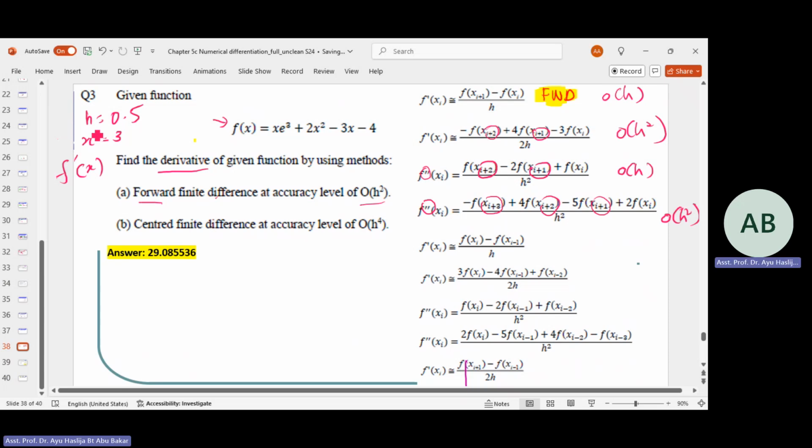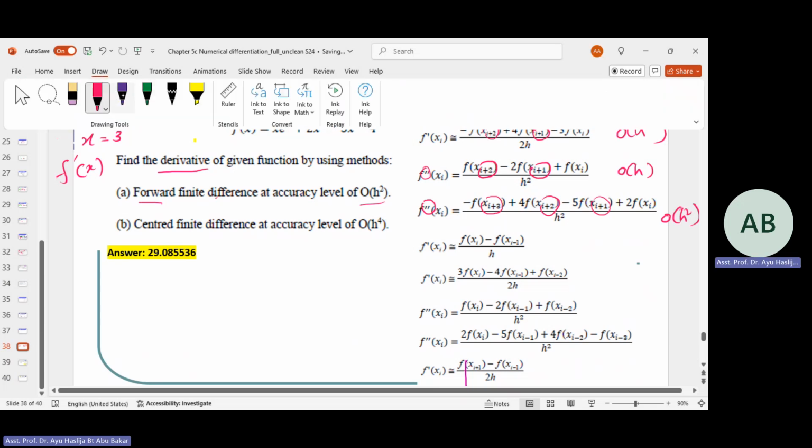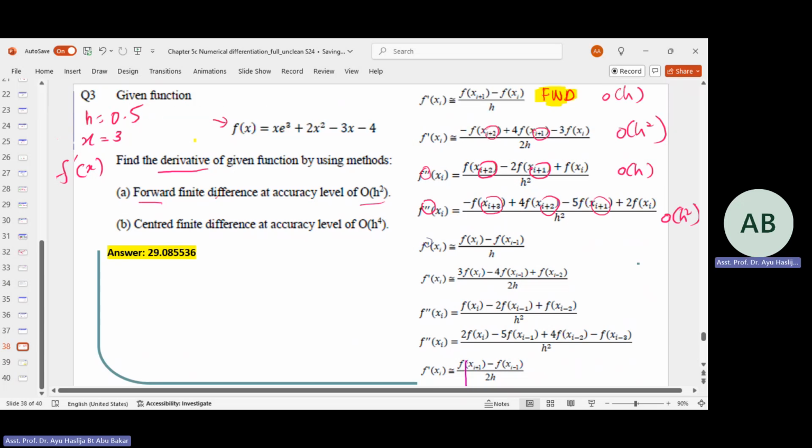Next equation, first derivative. I use a different color. Now it involves xi minus 1. Minus should be backward. First level, correct. Backward, first level.